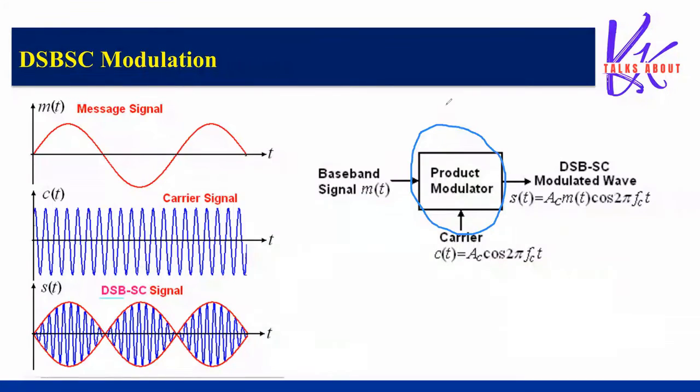As we have said, S of t equals M of t into C of t, for which we give a baseband signal or message signal M of t and a carrier signal C of t to a product modulator to give the DSBSC modulated wave, that is S of t equals AC M of t into cos 2 pi FCT. So when we use a product modulator, we get the output as the DSBSC modulated wave, where the carrier is suppressed.